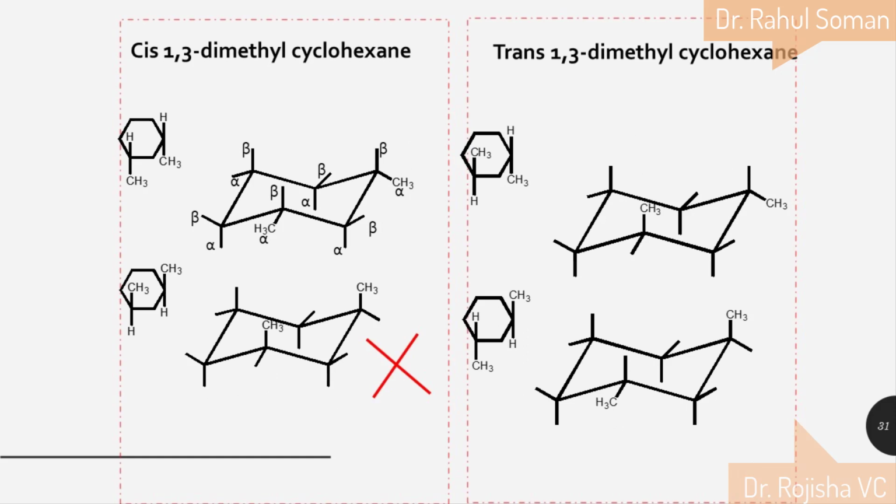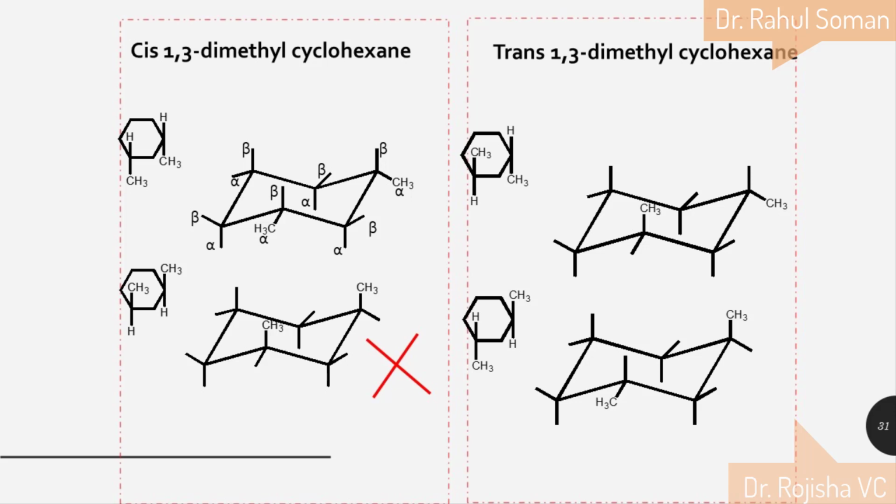Then 1,3-dimethyl cyclohexane. Cis 1,3-dimethyl means that for the first and third carbon the bonds will be alpha alpha or beta beta. If it is beta beta type, the two groups will be diaxial, so there will be 1,3-diaxial interaction, and that is not stable.